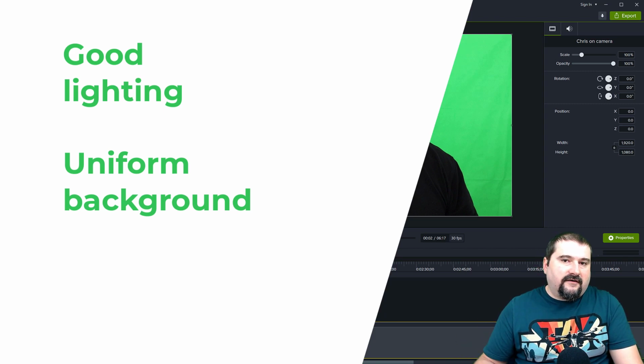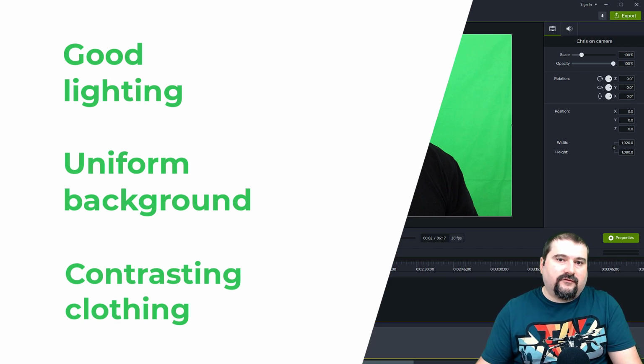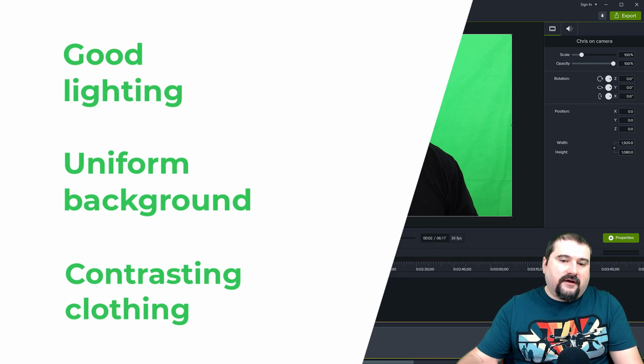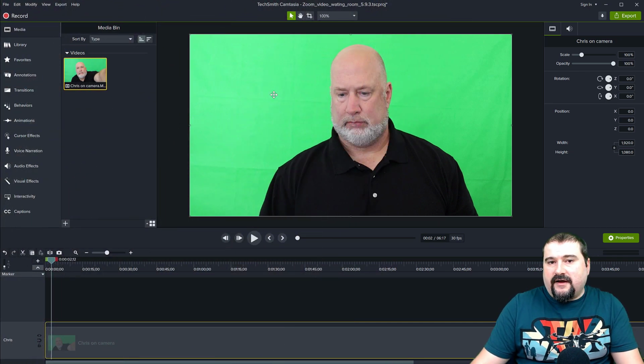So then you're going to have a part of it that's not removed. And obviously that's not good. Also, you need to wear clothing that is different from that background. So if you wear green clothes, obviously your clothes are going to be removed and you're going to see through all the way. And let me show you now how to remove this.